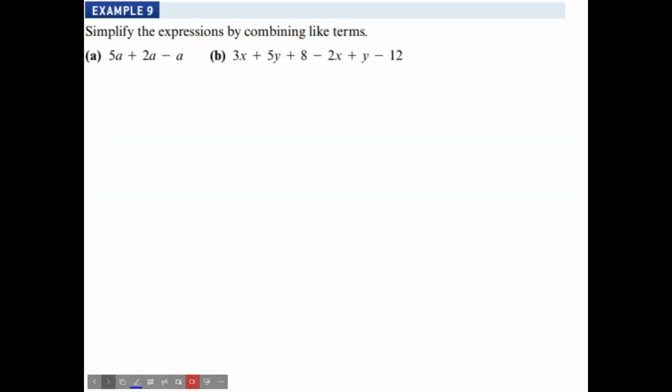Simplify. So 5a plus 2a minus a. So what I see here, I have 3 terms. Each of them has variable a, right? So 5 plus 2 minus 1 is what? Good?